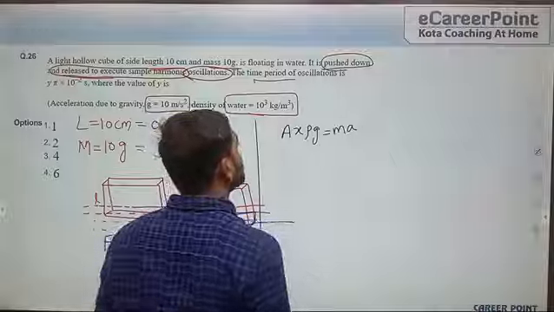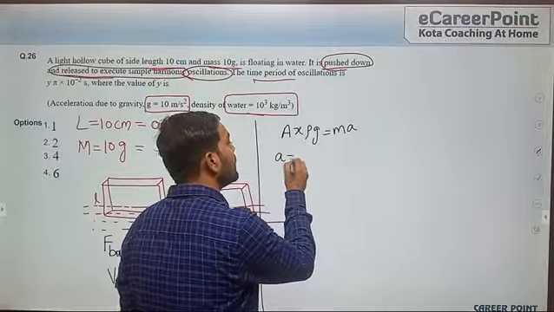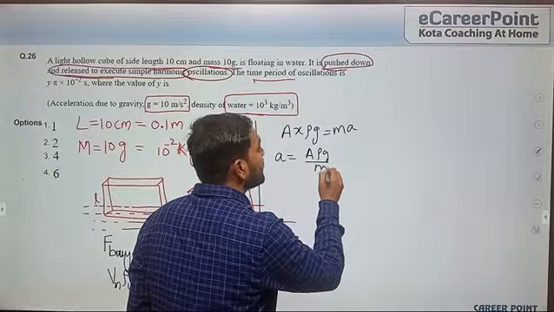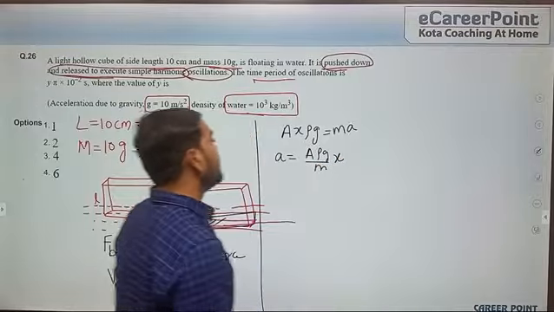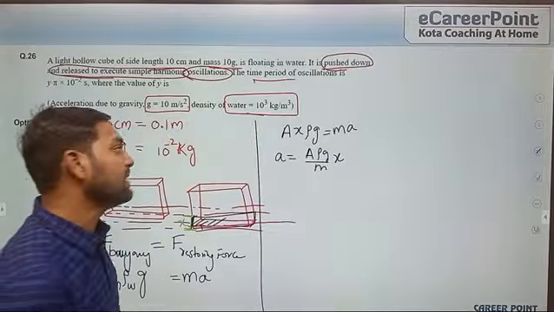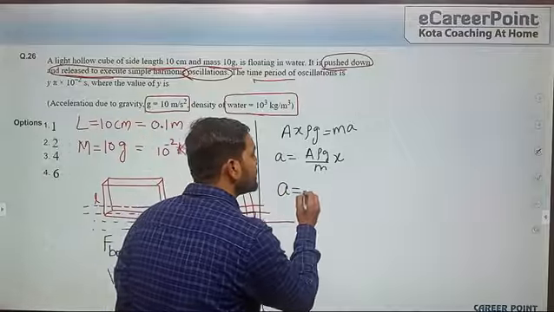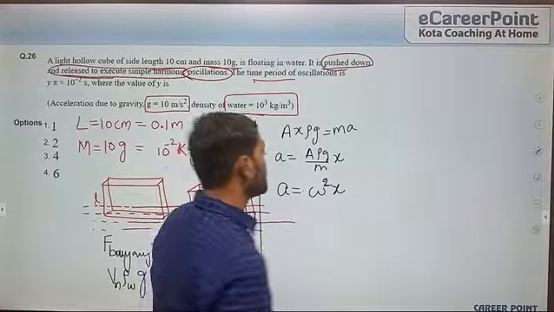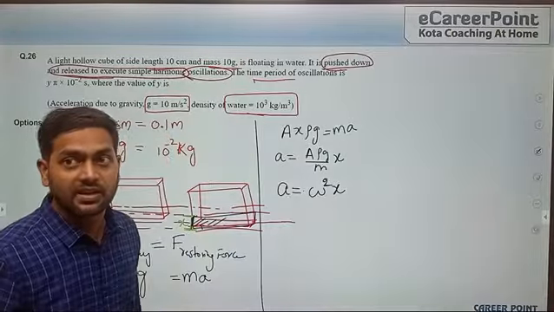So the acceleration will be A rho g by m into x. In simple harmonic motion we have seen that the acceleration is equal to minus omega square x.